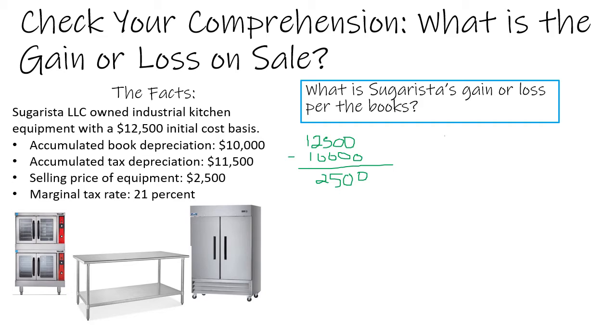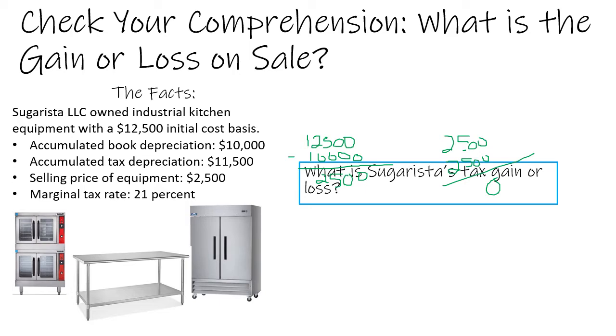If she sells the equipment for $2,500 and the equipment has a basis of $2,500, her gain or loss is zero. She's selling the assets for exactly what they're worth on her financial statements.